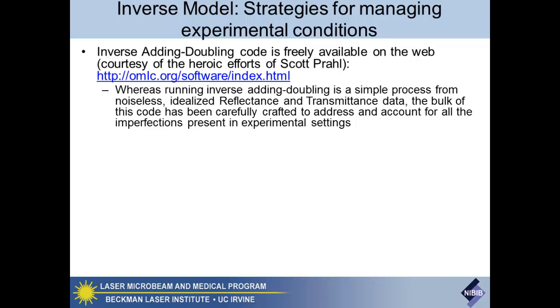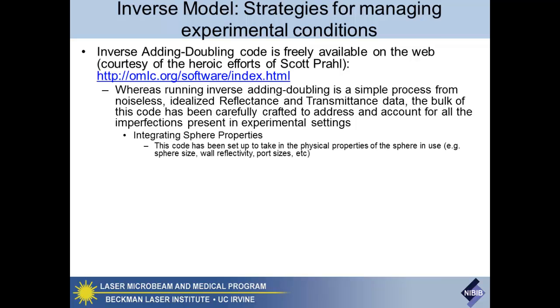Lucky for you, somebody has spent considerable time and effort developing a processing code that's freely available on the web, namely Scott Prahl. The key thing to keep in mind is that running inverse adding doubling is simple when you have perfect measurements. But there are also a lot of imperfections in your measurement system that you need to account for, and he's done a lot of that for you.